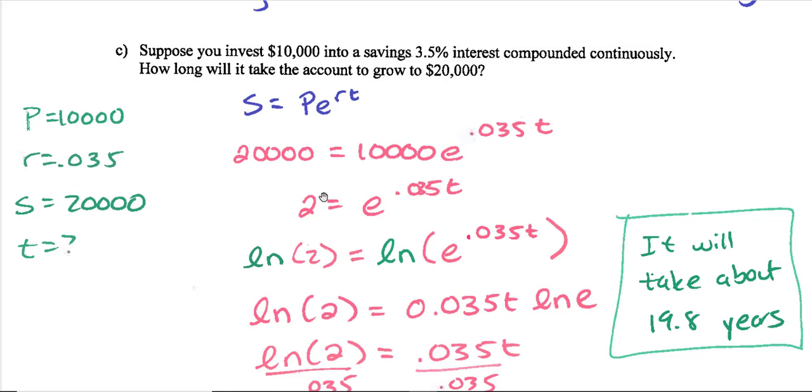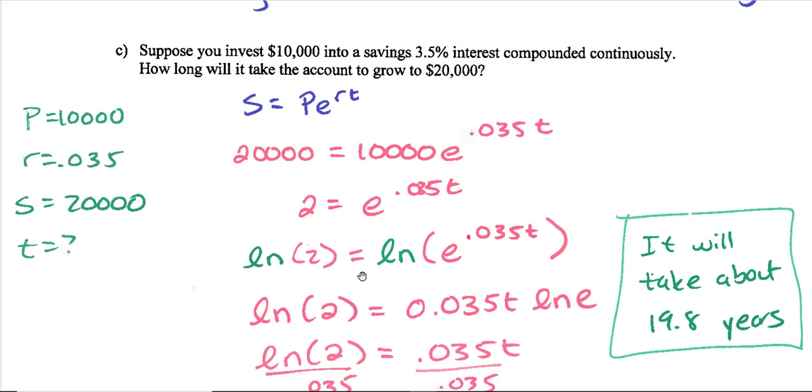Divide both sides by 10,000 and we get 2 equals e to the 0.035T. Notice where that variable is. The variable I'm looking for is in the exponent. In order to solve an exponential equation, we're going to need a logarithm. So we can take the natural log of both sides. You can do whatever you want to an equation as long as you do it to both sides.